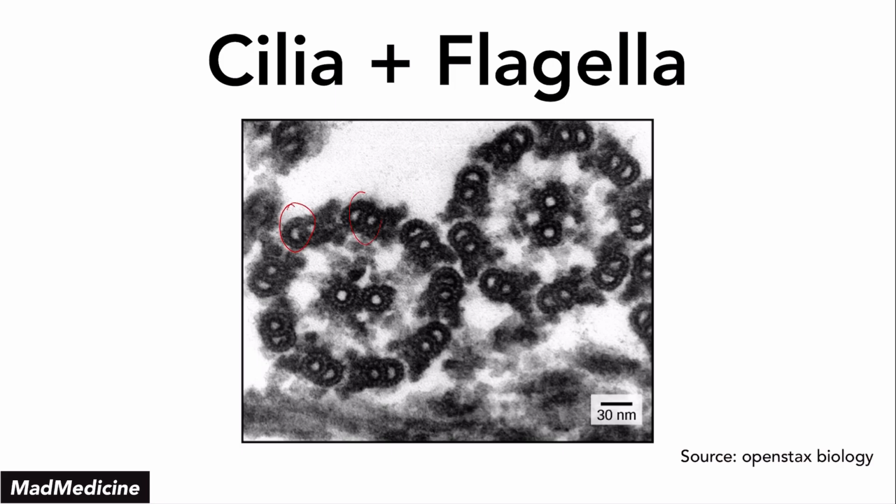You have 1, 2, 3, 4, 5, 6, 7, 8, 9 doublets that are on the outside, and then 2 that are on the inside. Okay, so it's the 9+2 structure. Just so you know, this is 9 times 2 because they're doublets, so you have 18 microtubules on the outside, and then you only have 2 on the inside, so cilia and flagella have a grand total of 20 microtubules.